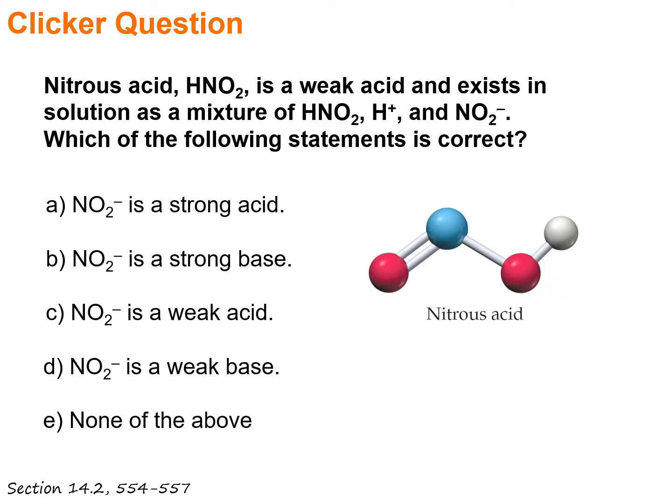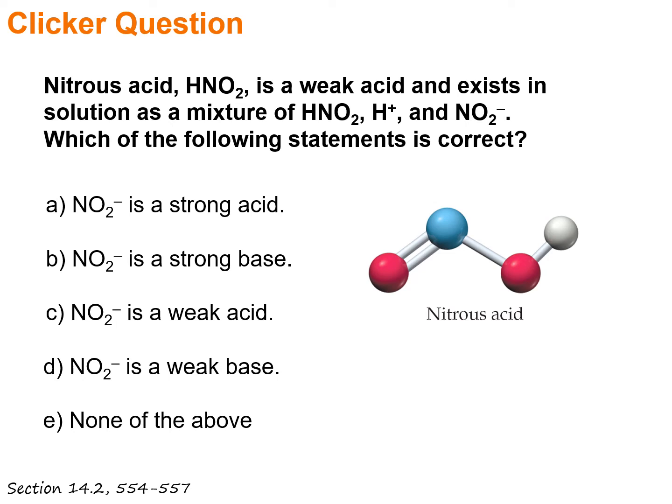Another clicker question. If we took nitrous acid, and it says we have a weak acid and it exists in a solution as a mixture of HNO2, H plus, NO2 minus, which of the following statements is correct? So if HNO2 were to dissociate, you'd be left with NO2 minus, which is its conjugate base. So I shouldn't expect that NO2 minus is going to be a strong acid.